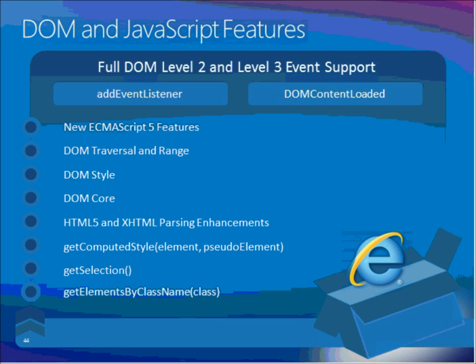We've added XHTML support and updated the HTML5 parser to properly handle the different types of parsing things that could happen. Get computed style, get selection, get elements by class name is all now supported.